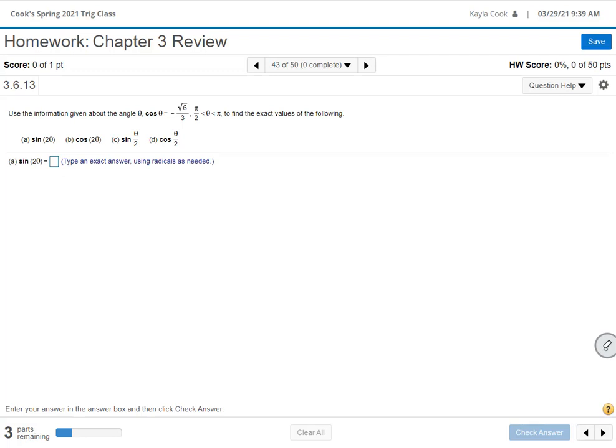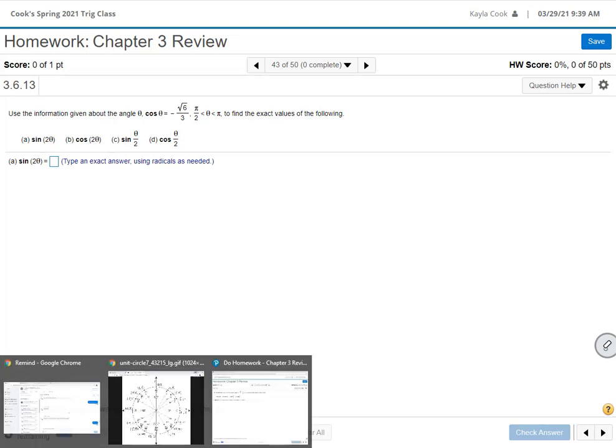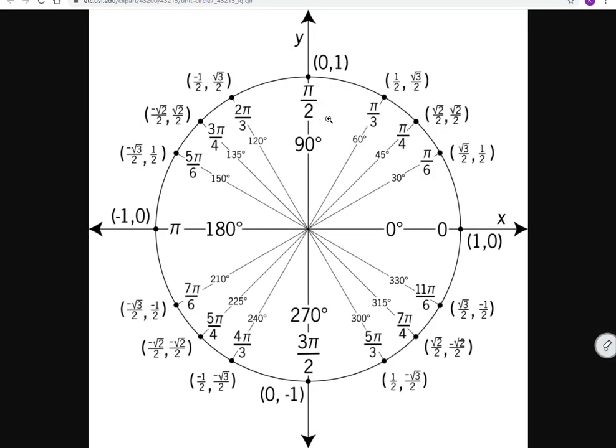It's going to be somewhat similar to the previous example, but we are now given cosine of theta instead of sine theta, which is negative square root of 6 over 3, and we are also given that our theta lies between pi halves and pi, which, if you remember from before, is going to put us in quadrant 2.